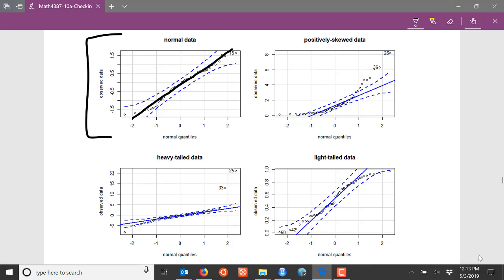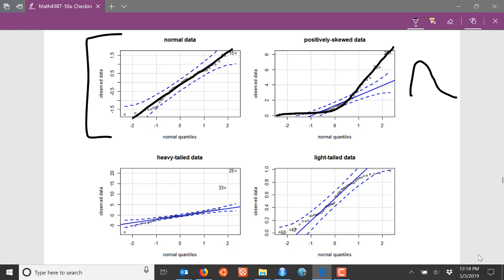Frequently, instead of having normal data, we might have positively skewed data. So we might have data that looks something like that in terms of a histogram or a density function. If we have positively skewed data, you can see that the points really depart quite a bit from that straight 45-degree line, and they pretty quickly start deviating from the confidence bands. The pattern we expect to see if we have positively skewed data is this curve here.